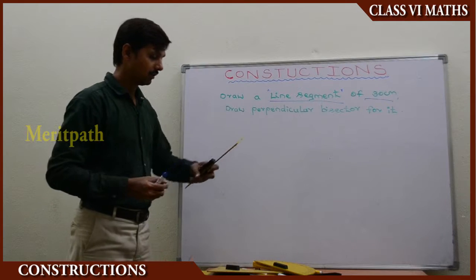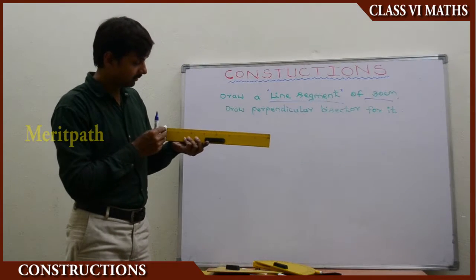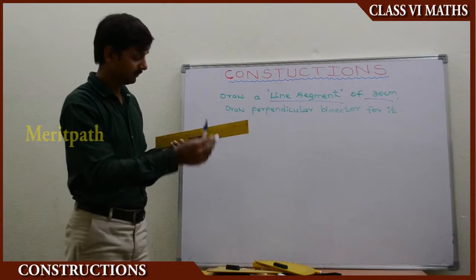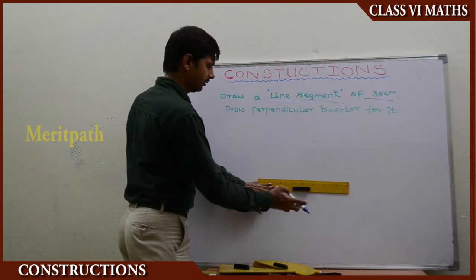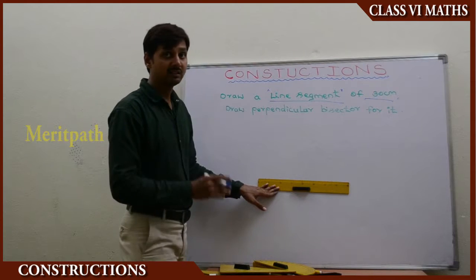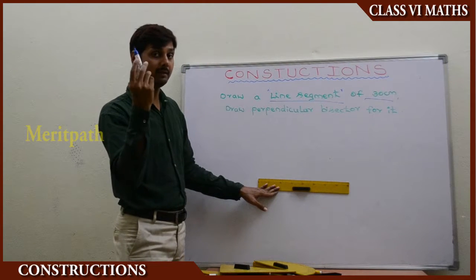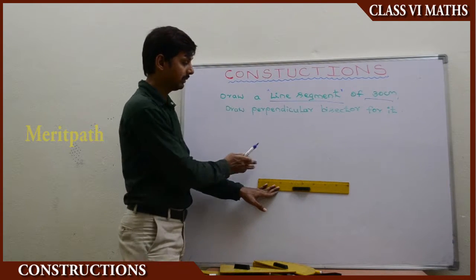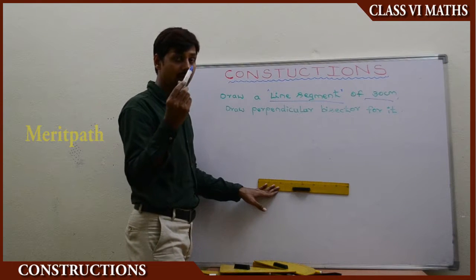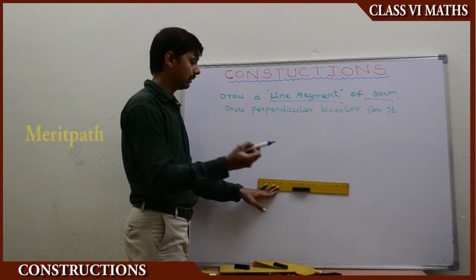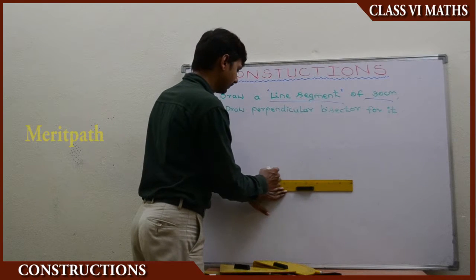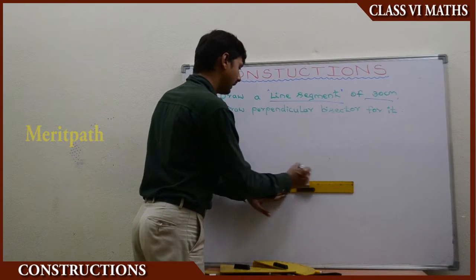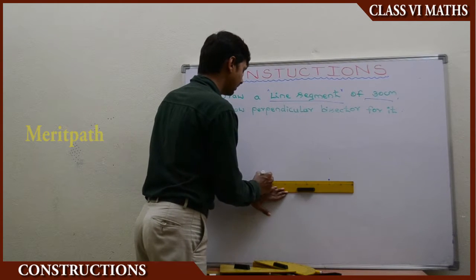So let's take a scale and 0 to 30. Keep the scale on the paper. We have the paper, scale and pencil. We are using the pencil here as a marker. So 0 and 30 centimeters, two points we have taken.